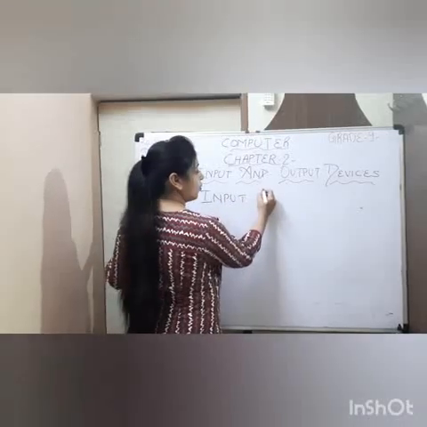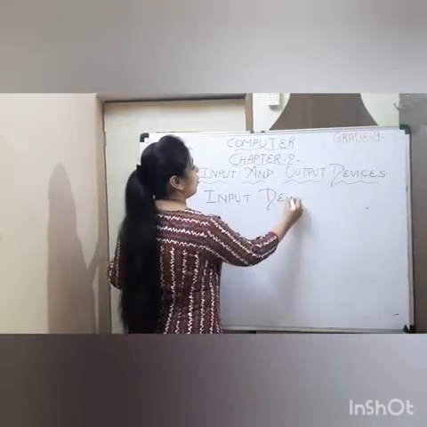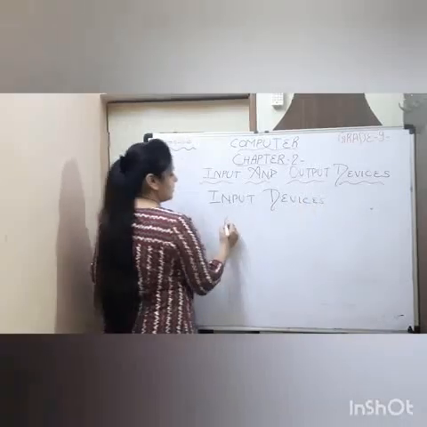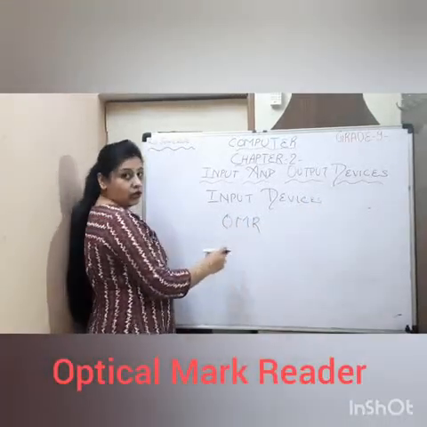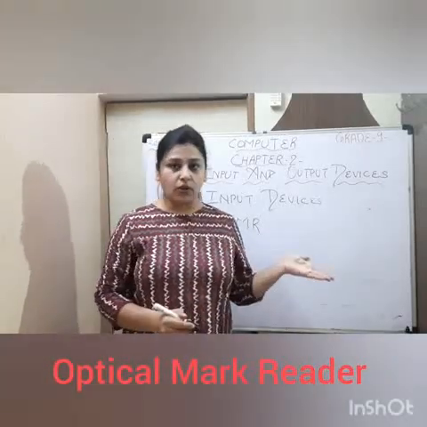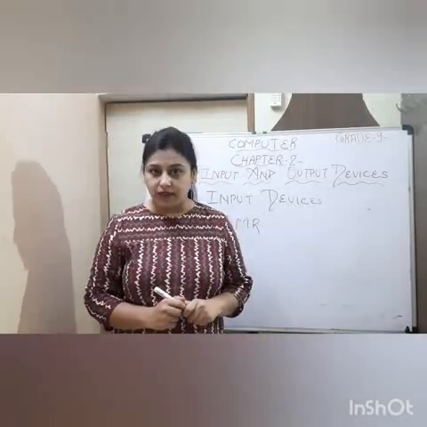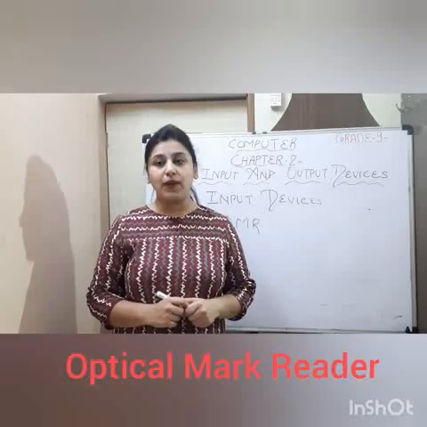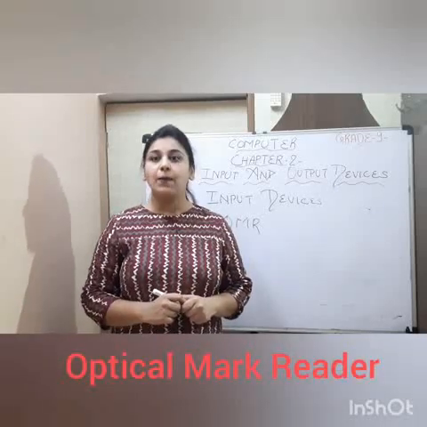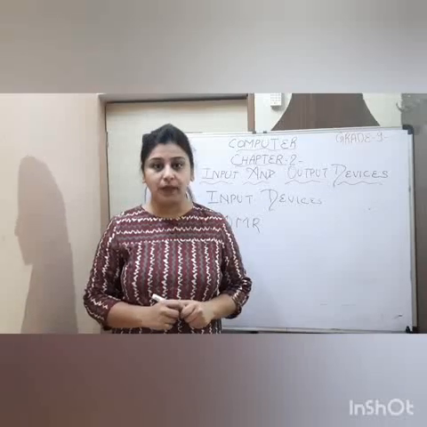Okay, what does OMR stand for? OMR stands for optical mark reader or optical mark recognition. Optical mark reader is a device for capturing data formed by dark and light marks on specific positions on a paper.